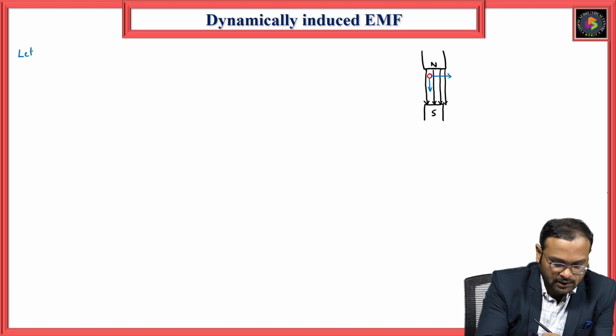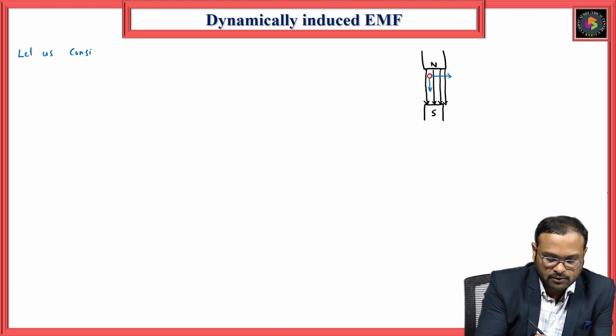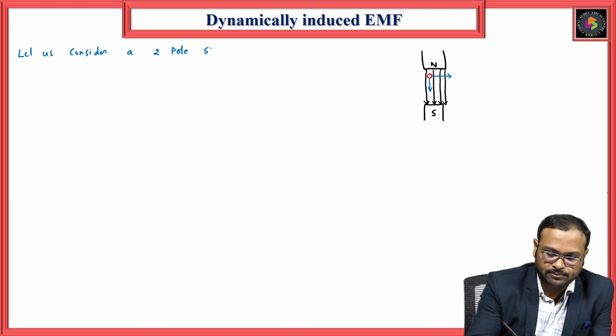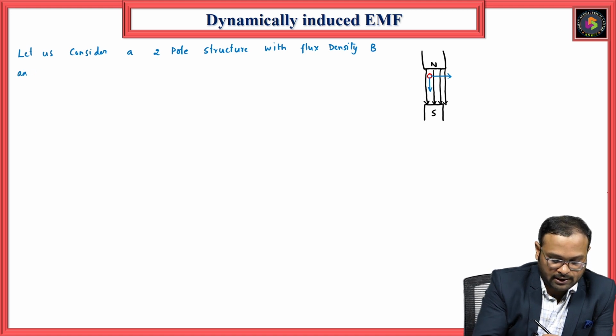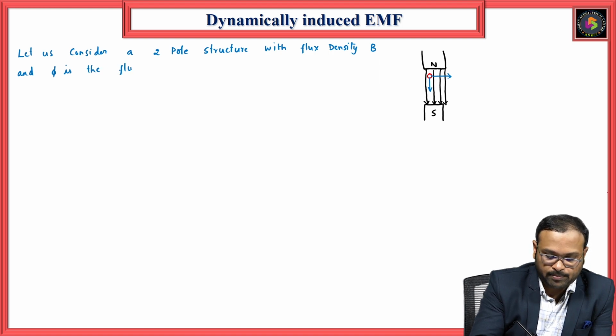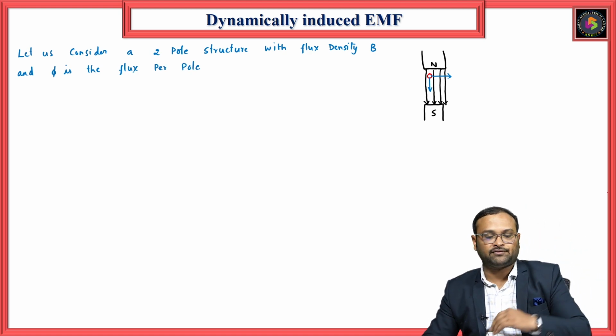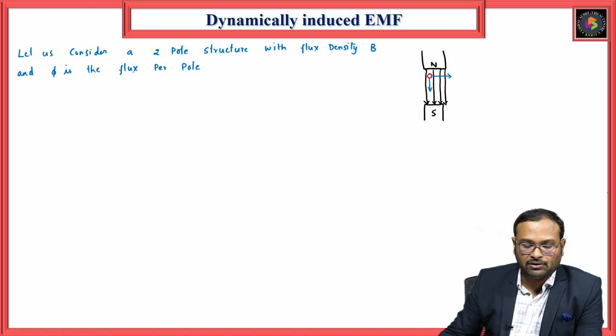Let us consider a two-pole structure with the flux density B, and phi is the flux per pole, or the flux of the structure. So now we have B and we have the flux per pole.